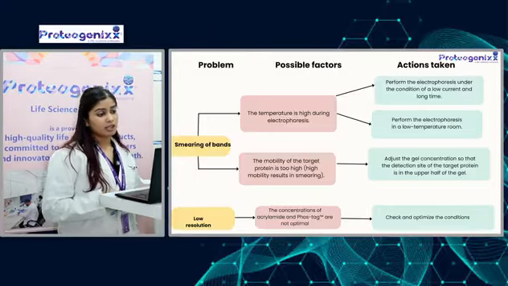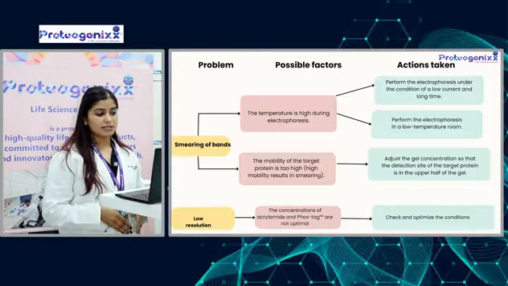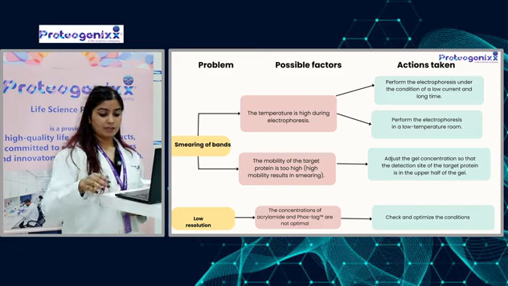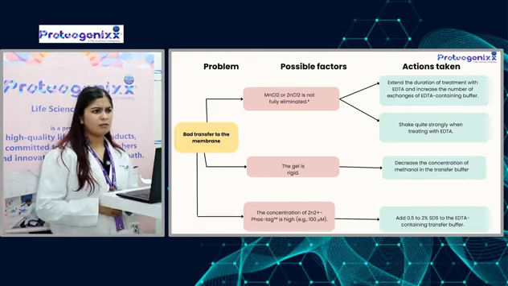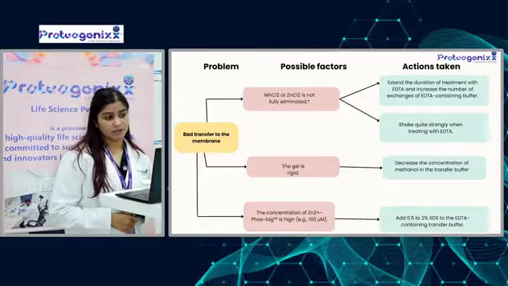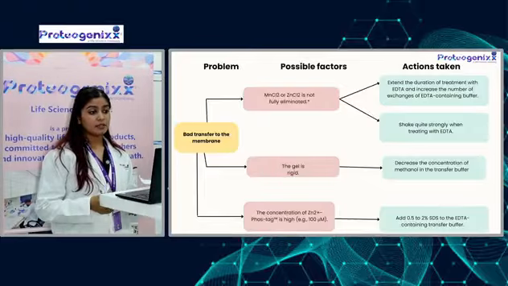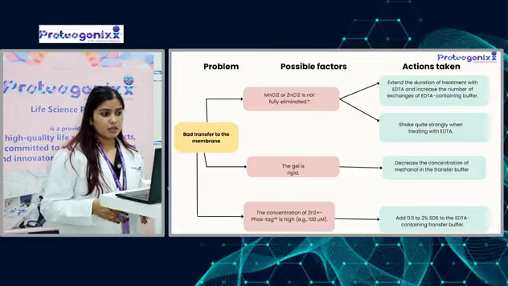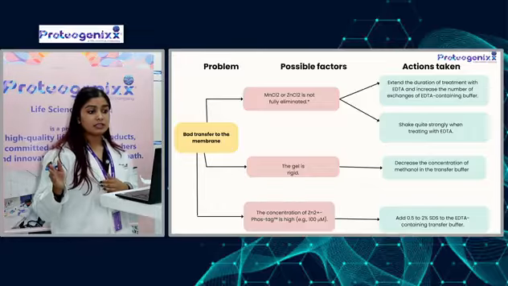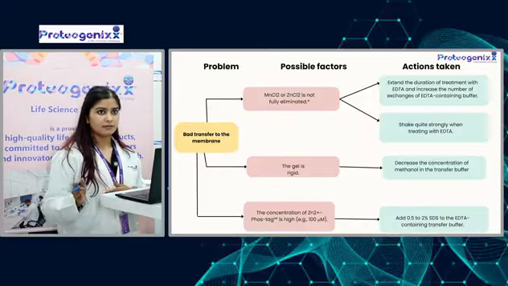As we talked about earlier, it is very important to optimize the concentration of both acrylamide and Phos-tag acrylamide. One more problem that we face is bad transfer to the membrane. And this happens when the zinc and manganese are not fully eliminated. So for that, extend the treatment with EDTA.